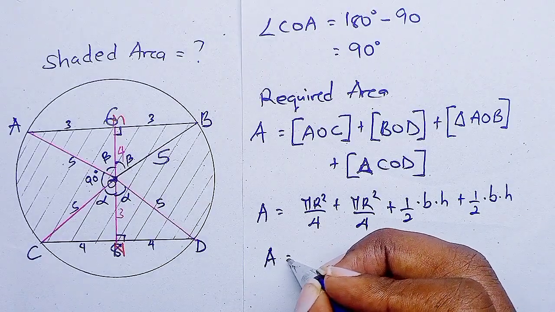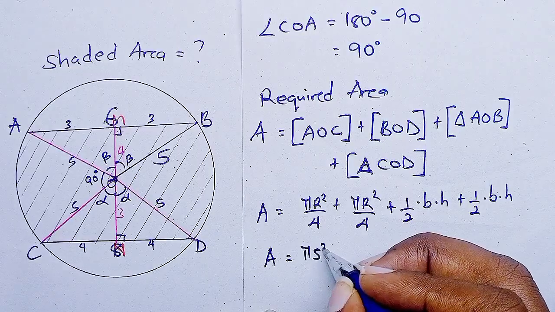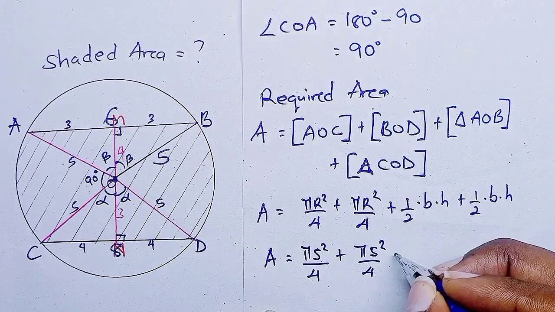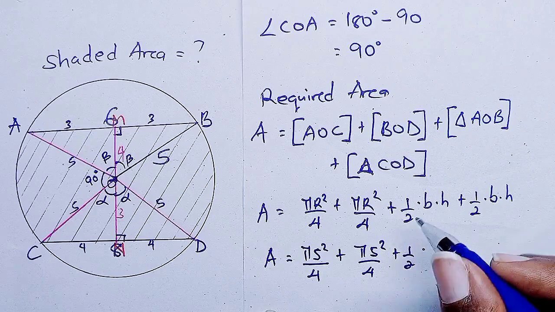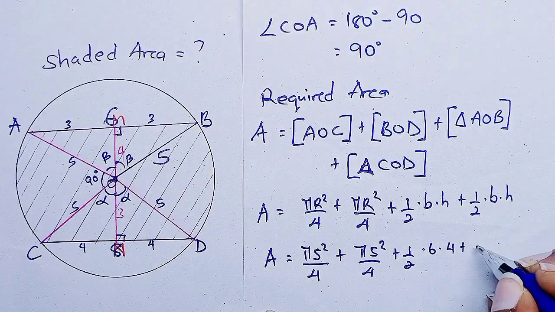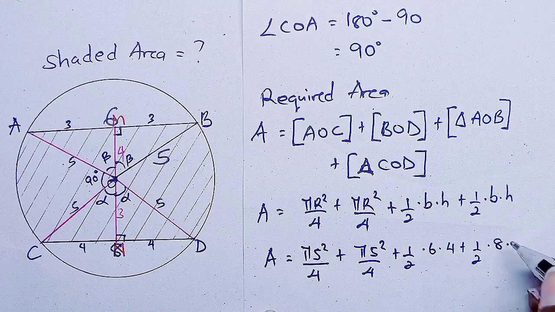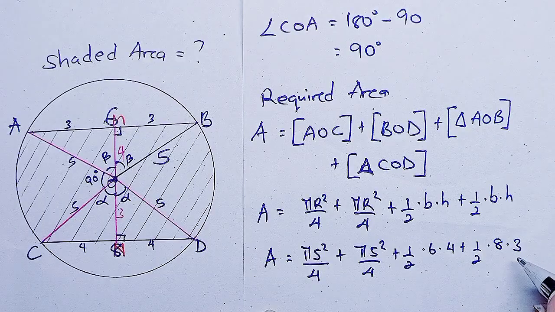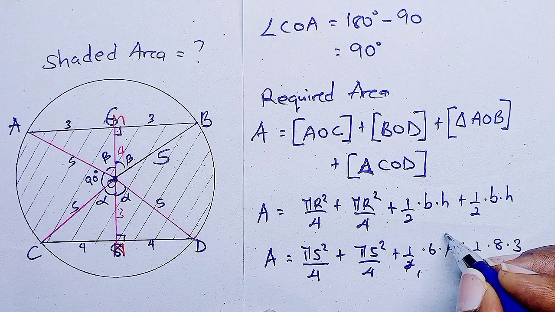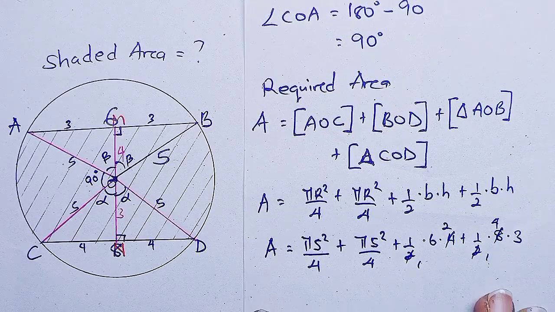So we shall have pi 5 squared over 4 plus pi 5 squared over 4 plus a half times base of this one is 6 and height is 4 plus a half times base of this one is 8 and its height is 3. Okay, so this 2 cancels with this 4 to get 2 here. This 2 cancels with this 8 to get 4 here.